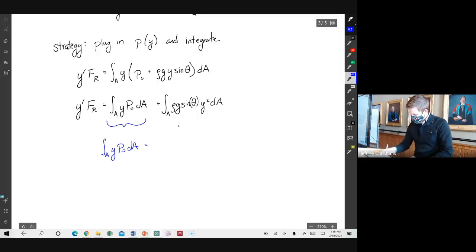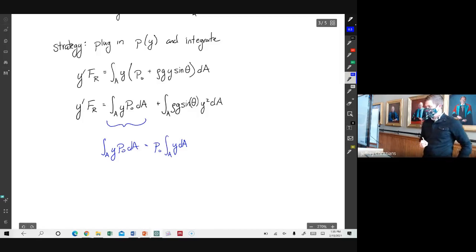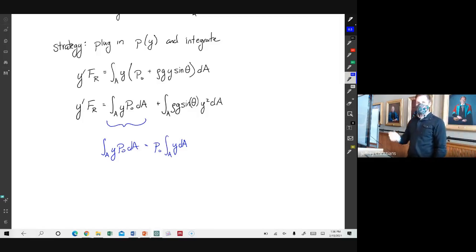We can pull the p naught out, that's the pressure at the surface or pressure at the origin. Y dA. And then we can say, ta-da, we've already actually solved this before, so that equals p naught, the integral of y dA, we said that was the centroid yc times the area.